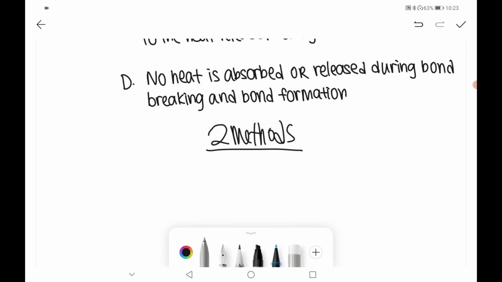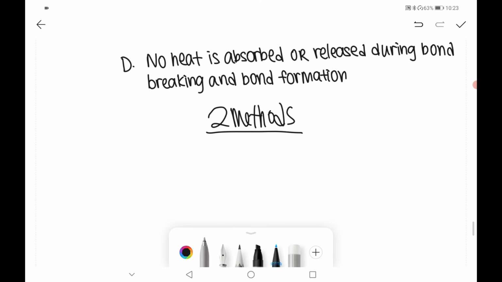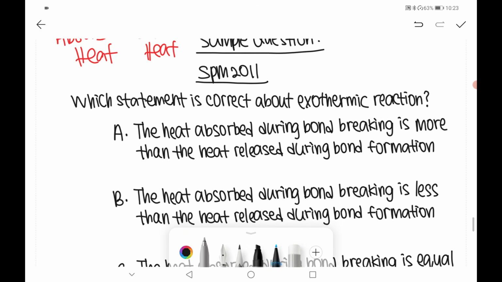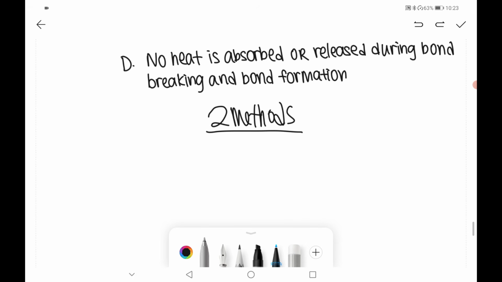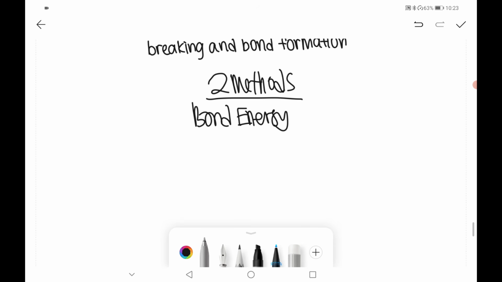So the first method is a simple mathematic method. So what we know is it's an exothermic reaction. When they talk about bond energy, what is the formula we learned just now?